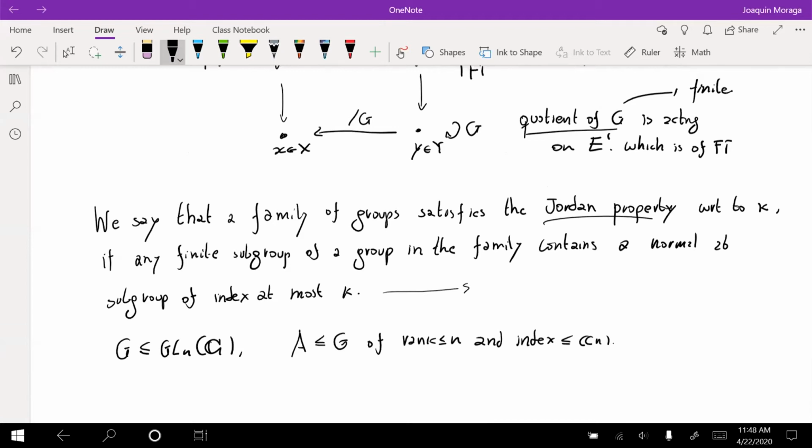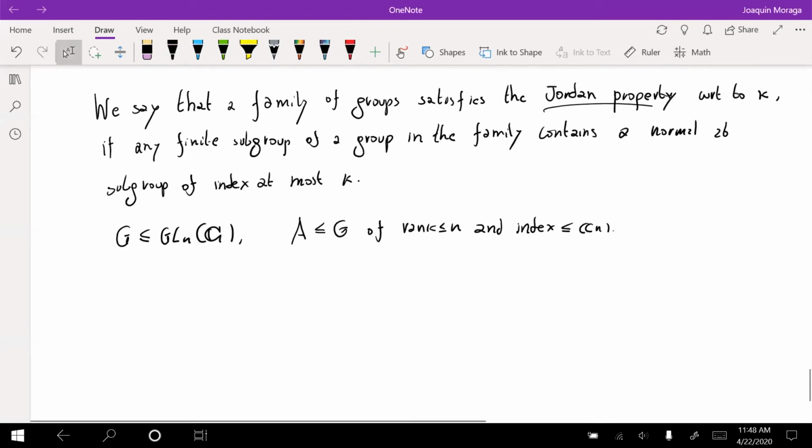So let me just state the theorem of Prokhorov and Shramov as this. I don't remember the year, or maybe you remember.